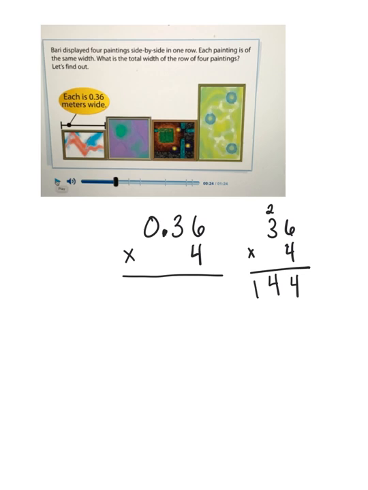Now we need to figure out where to put the decimal point. I'm going to go into a lot more detail about why we do it this way in the next few weeks, but for now, I'm just going to simply tell you that if you have 2 place value positions to the right of the decimal point in your factor, then you need to have 2 place value positions to the right of the decimal point in your product.